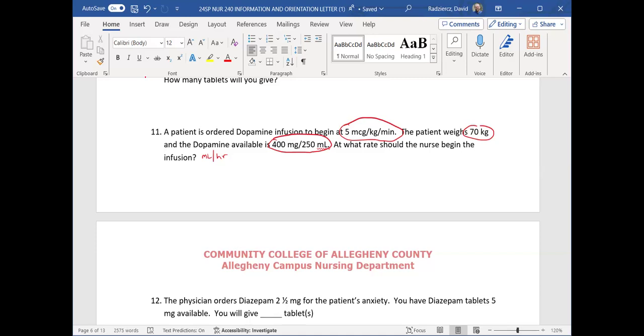If you prefer to start with milliliters per hour and then do your conversions that way, perfectly fine. But I always like to start off with the patient's weight because I like to get rid of that kilograms as soon as possible. So what I'm going to do is take my 70 kilograms and multiply by what it's telling me to do here, which is the 5 micrograms per kilogram per minute.